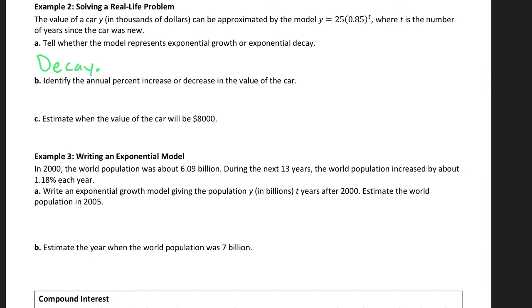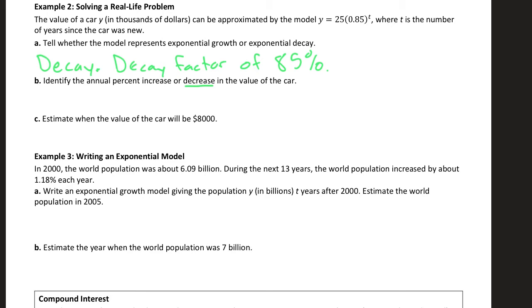The thing we want to be able to say is that it has a decay factor of 85%. That means after each year you own a car, it is worth 85% of its value from last year. So it's going to be a decrease, and what I'm asking for in part B is to find the annual percent decrease.